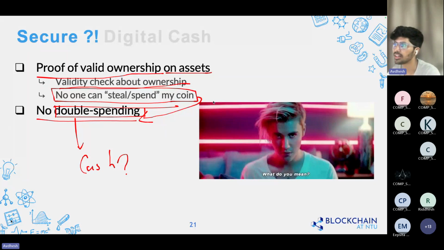I just want this to be a discussion session, so you can also talk in this. And if you have any questions, just raise your hands. Do you think the double spending problem arises while you do a transaction with cash, like INR? Anyone?